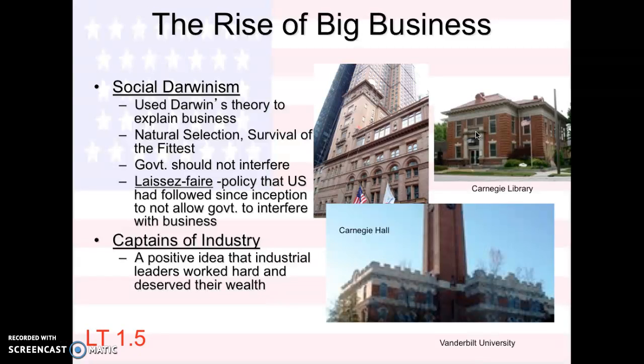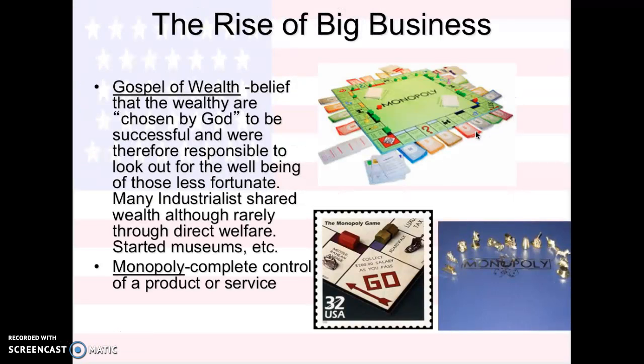If your business fails, it's because your business fails, and you didn't do what it takes. So this policy we know as laissez-faire, which was in video 2. It's a policy that the U.S. had. Basically keeps the government from interfering with business. And then we also have our idea of captains of industry, a positive idea that industrial leaders worked hard and deserved their wealth.